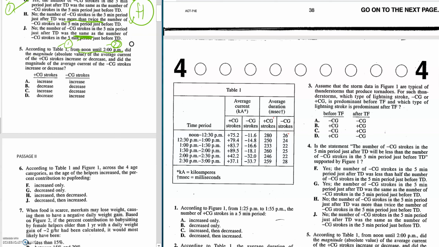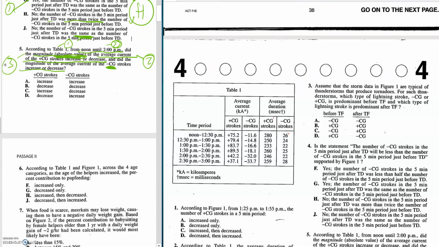Did the magnitude, and that means it's the absolute value, so it's just going to be the difference, not negative or positive, just the difference, of the average current of plus CG strokes increase or decrease? So we're going to have to find the average current of the plus CG strokes. So that'll be 2. Then we're going to find the absolute value of it. And did the magnitude of the average current of negative CG strokes increase or decrease?